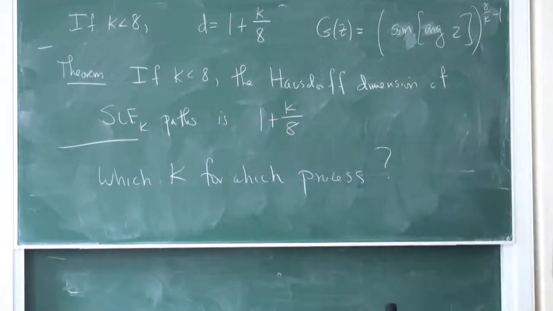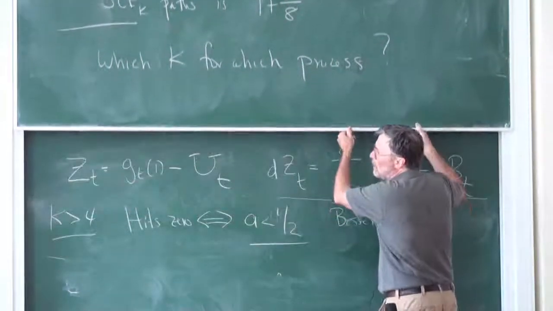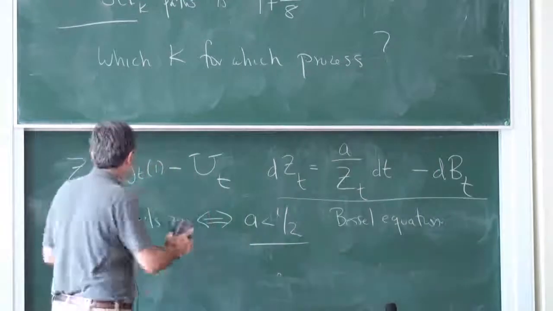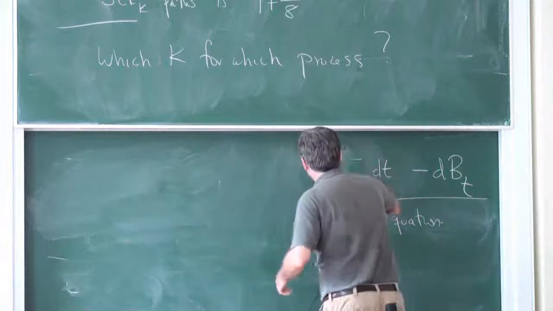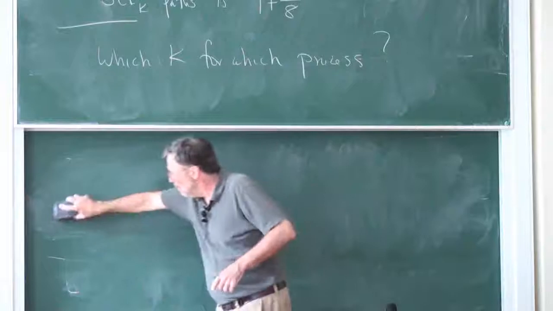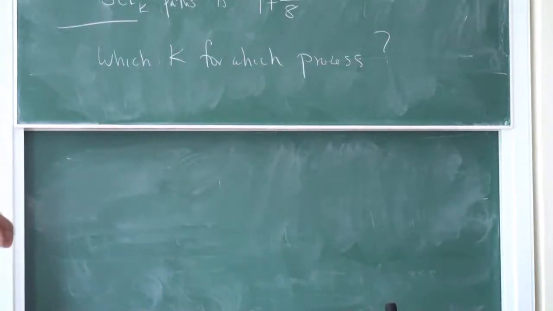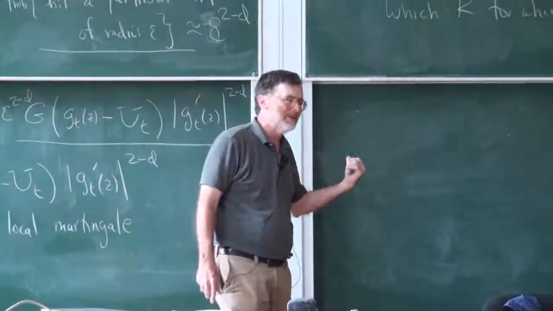Okay, but now a big question is, which kappa for which process? And for that, we're going to do some more calculation, or parts of calculation. Well, first thing, I didn't say it explicitly. I defined SLE kappa from 0 to infinity in the upper half plane in terms of the differential equation.